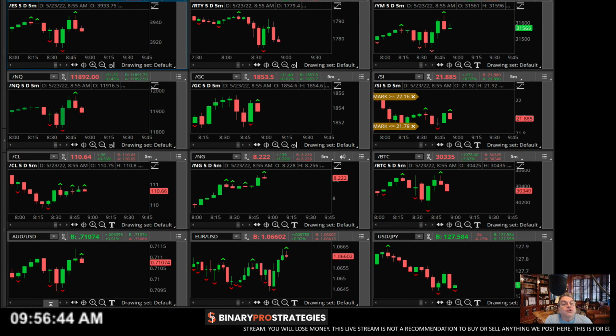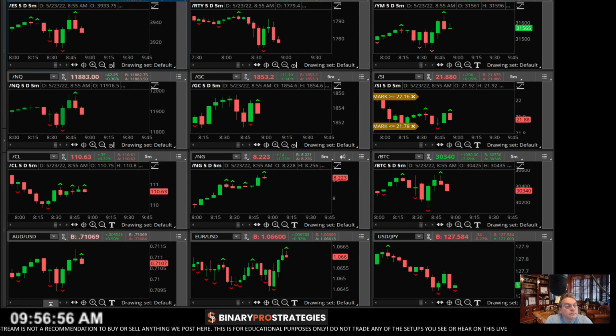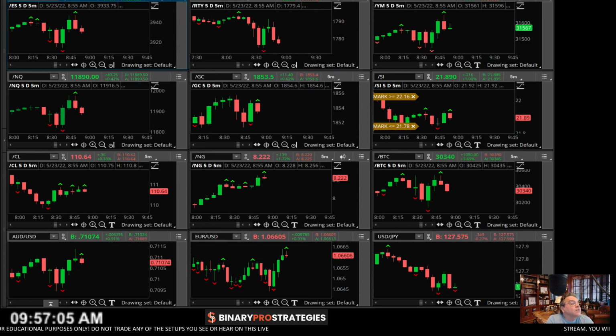Okay, NQ's getting a short now. NQ once again is going to be a US Tech. This is coming off of an HF3 short. HF3 short I like. Target on this NQ is going to bring us down to 118.57.5.